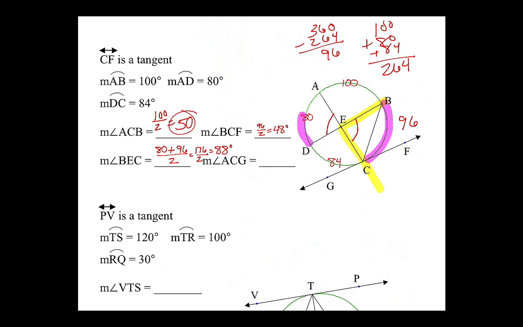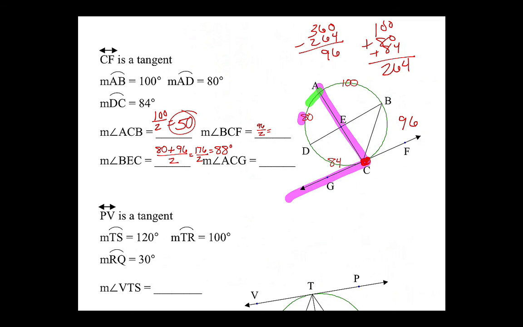Again, I like to get rid of those things that I've marked, everything except the angle that I highlighted. So now I'm looking for the measure of angle ACG. So A to C to G. This one again is on the circle. So when it's on the circle, it should only be half of the intercepted arc. This one, however, actually intercepts more than one arc.